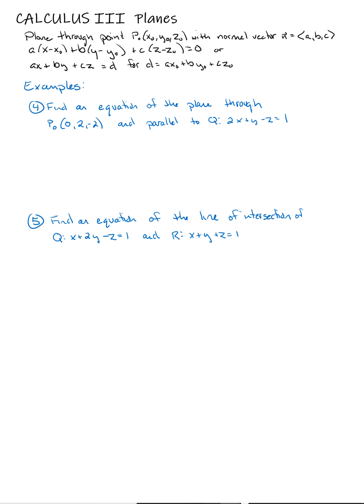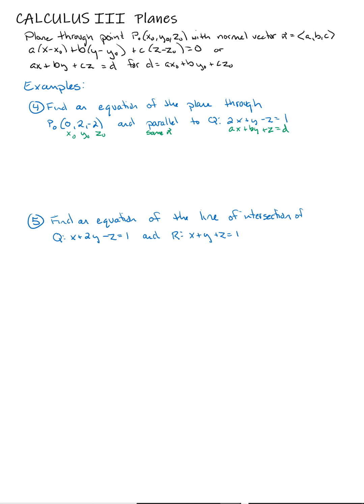All right, so just like before, I'm going to go ahead and label this point x naught, y naught, and z naught. And parallel means that it has to have the same normal vector. It's one way of considering two planes are parallel. Well, let's see. In this case, remember this is ax + by + cz = some d value.